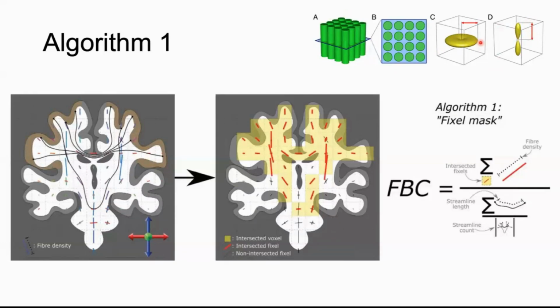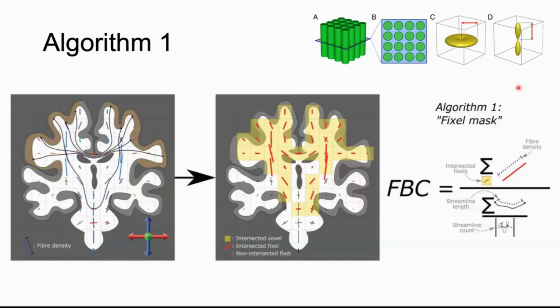That actually requires a fairly high b value, at least 2500 or more, to have that link between the length of the FOD lobe and the intra-axonal volume. If that link is broken, the entire thing falls apart.